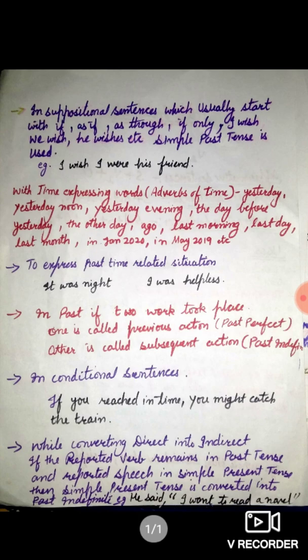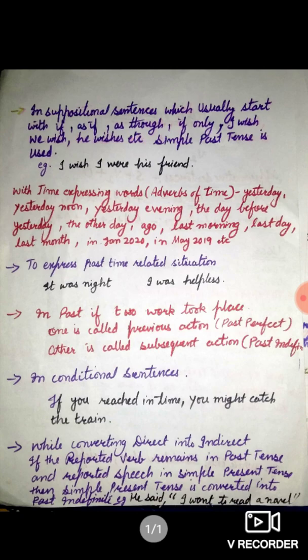Likewise, you must have heard these sentences: I wish I were his friend. I wish I were the PM of the country. If I became the Prime Minister of India, I would solve the problem of Kashmir.